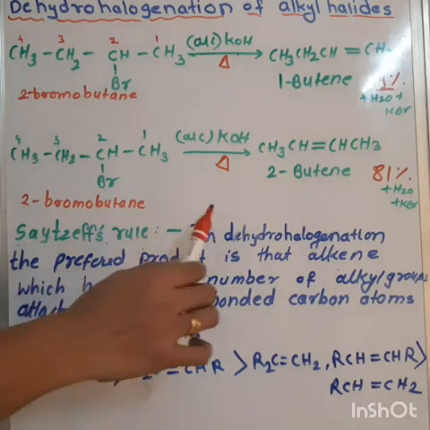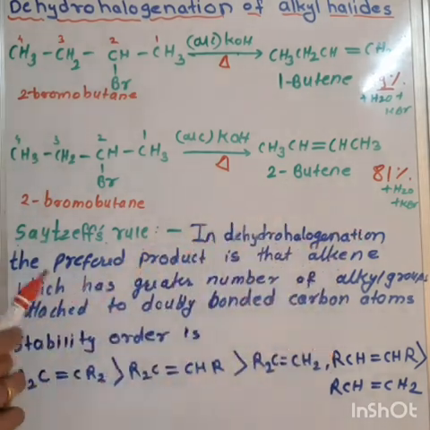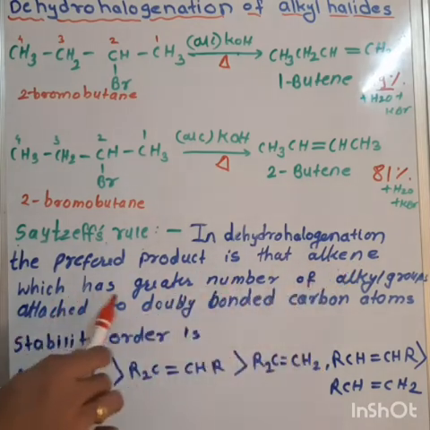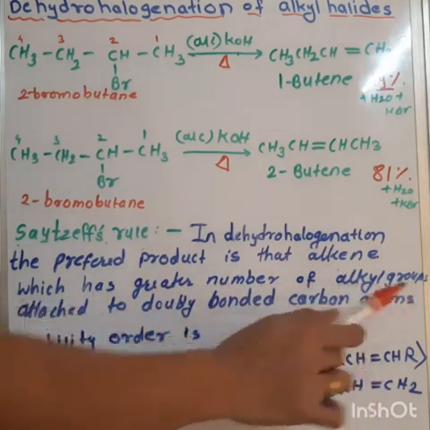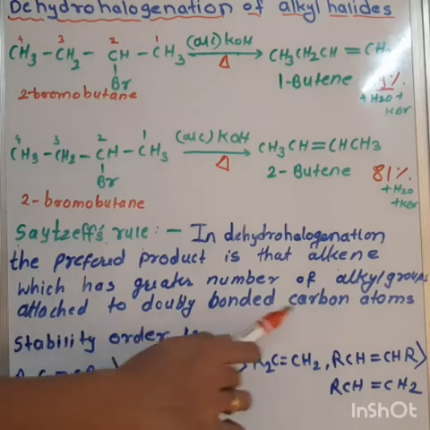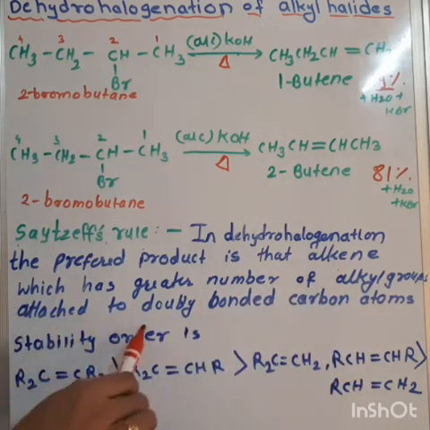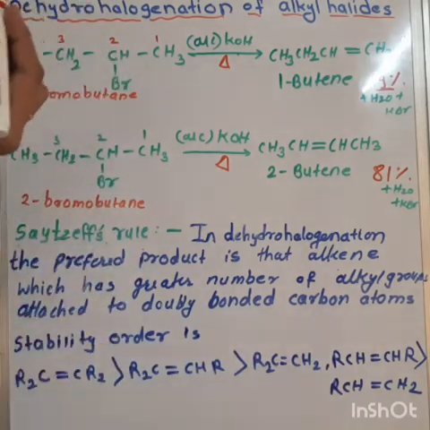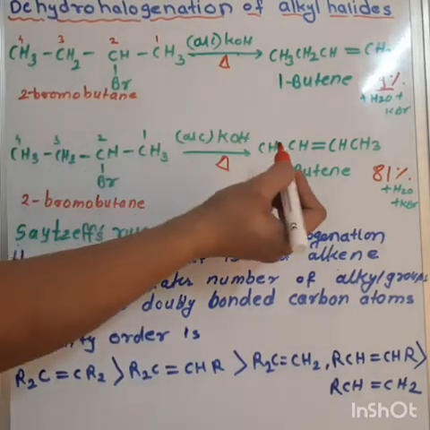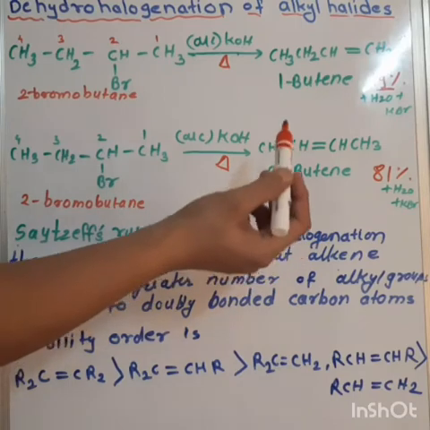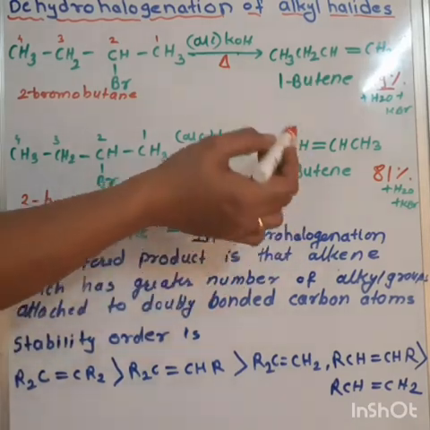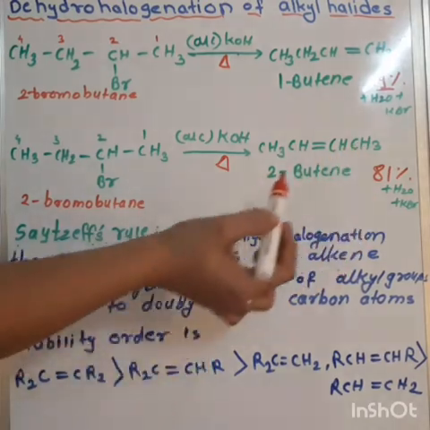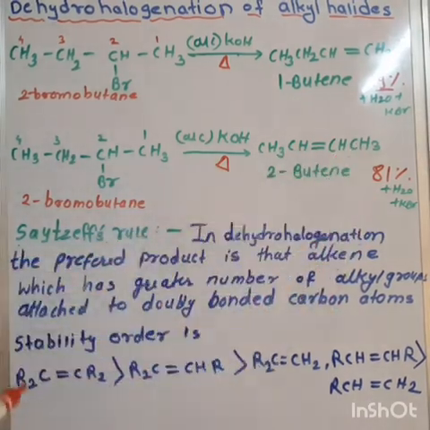Saytzeff's rule says that in a dehydrohalogenation reaction, the preferred product is the alkene which has the greater number of alkyl groups attached to the doubly bonded carbon atoms. That means the stable product is the alkene with more alkyl groups attached to the doubly bonded carbon atoms.